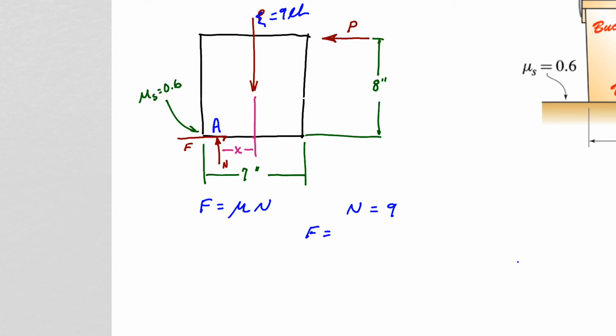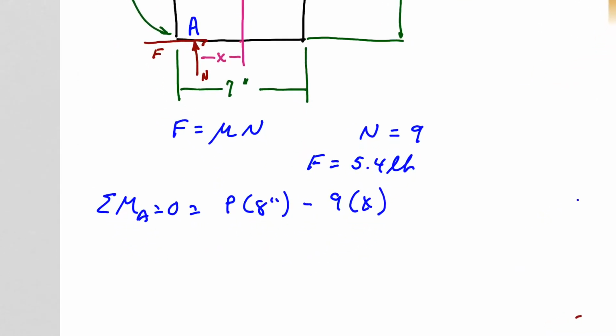We solve for Fs to be equal to 5.4 pounds. So how do we find x? We simply find that by taking moments at A. So let's take moments at A, and we would get an equation that looks like this. But we know P also, if it is impending motion. P is equal to F, which is equal to our 5.4 pounds.